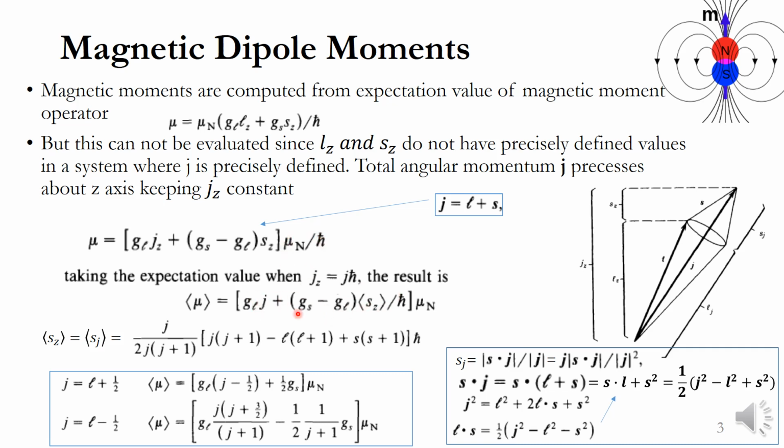Then the expectation value of Sz, gs minus gL, is also there. Since ħ is a constant, the ħ and ħ get cancelled, and the third term, the gs minus gL term, remains. So this becomes this one.